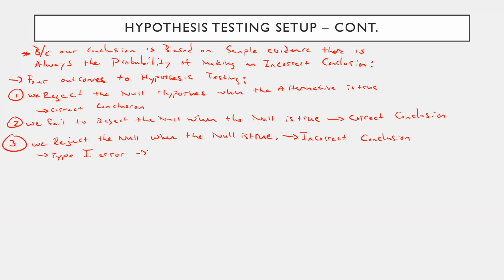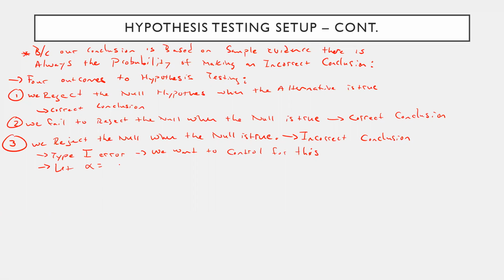In our hypothesis testing, we want to control for this somehow. So to do this, and you'll see as we go through the problems, we're going to define this variable called alpha.